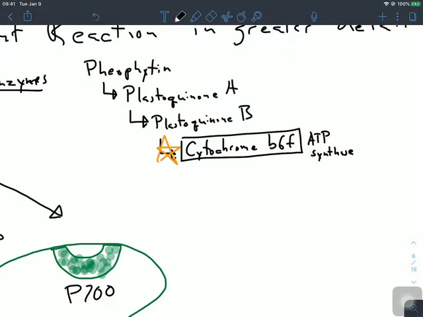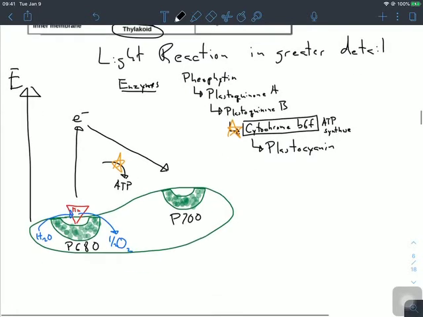Now, once cytochrome B6F has made its ATP, it then hands off that electron, depleted of energy, to plastocyanin. And it's plastocyanin that is the intermediate between P680 and P700.